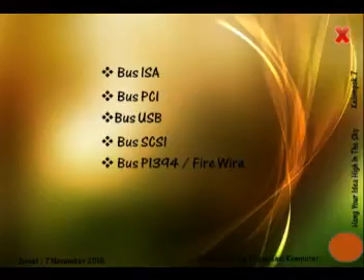Then there's PCI, Peripheral Component Interconnect. It is a bus which is independent of the processor and serves as an intermediate bus or peripheral bus. The PCI standard is 64 bits wide.